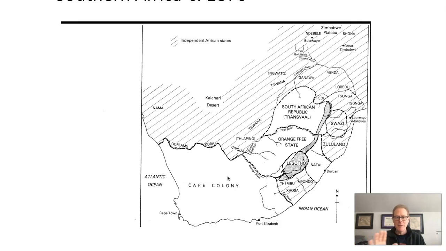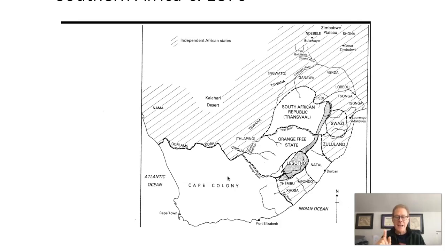Well, short answer of what happens here is the British appoint a commission to determine who owns this land. The commission is headed by a British Army officer. And you might think the British are going to say they own the land, but no, they're a little more tricky than that.